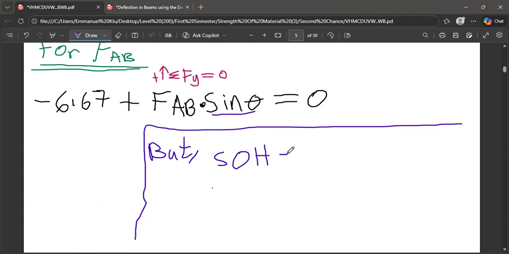I believe we all know what the sine theta is: opposite over hypotenuse.